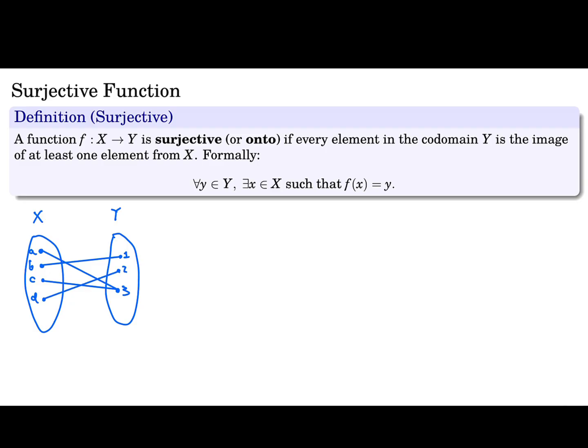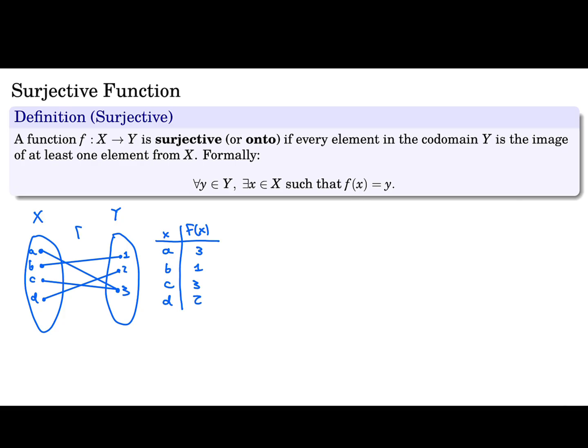And we can also write it in table form. So for every x in the domain, f of a is equal to 3, f of b is equal to 1, f of c is equal to 3, and f of d is equal to 2.